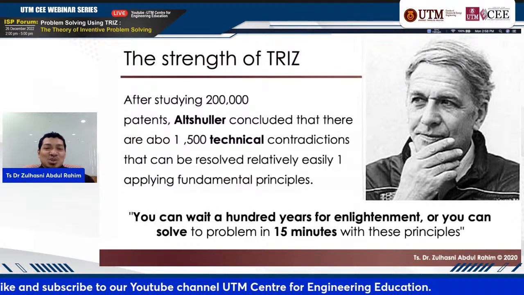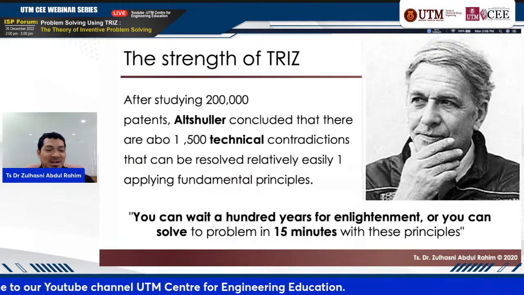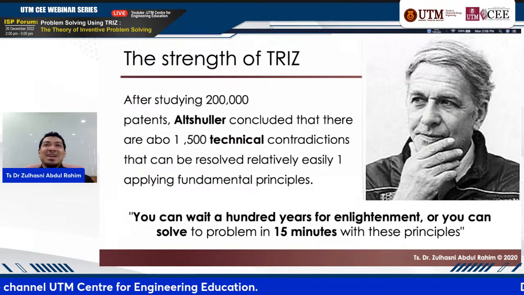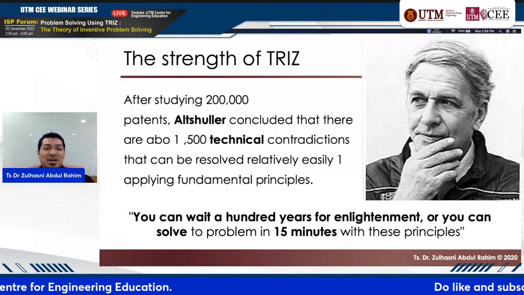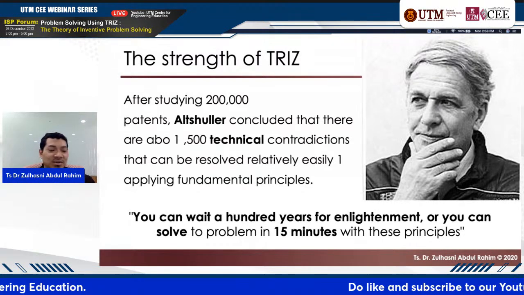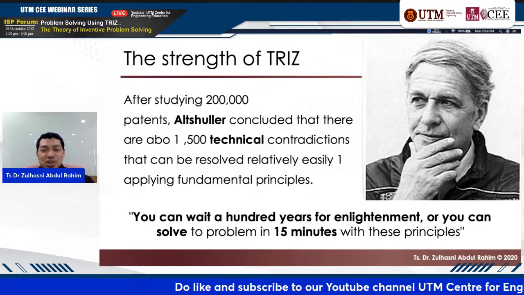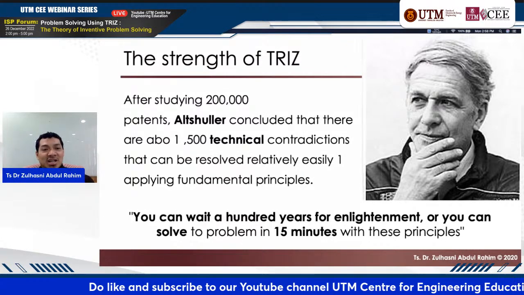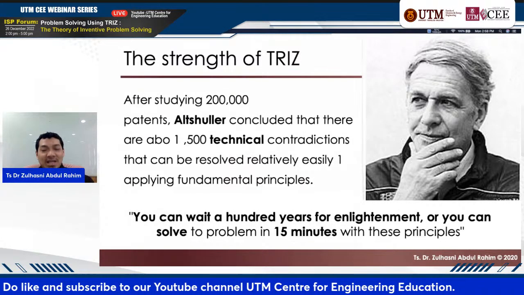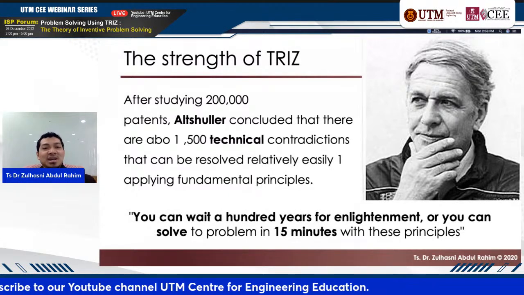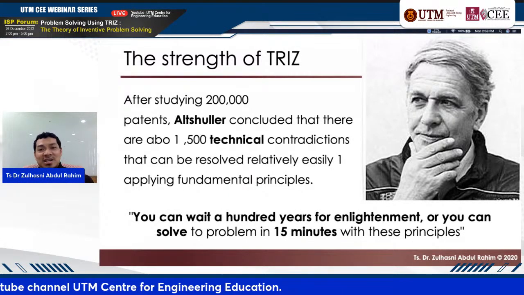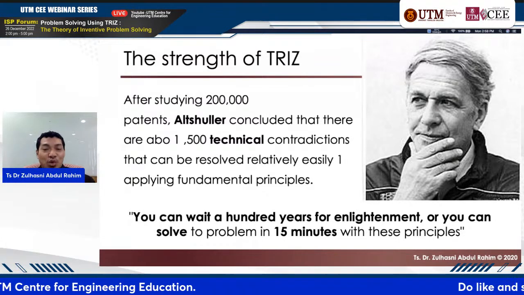It sounds like an overclaim. But this is the confidence level that Altshuller had in TRIZ, that this tool is able to solve your technical engineering problem quickly and effectively. So this is also a challenge for all of you.